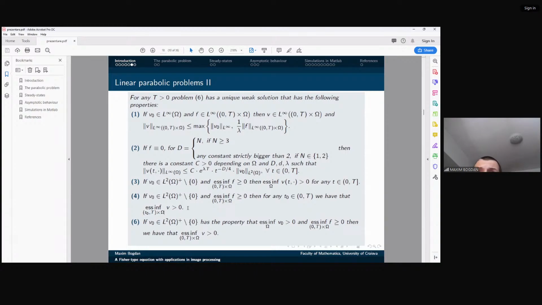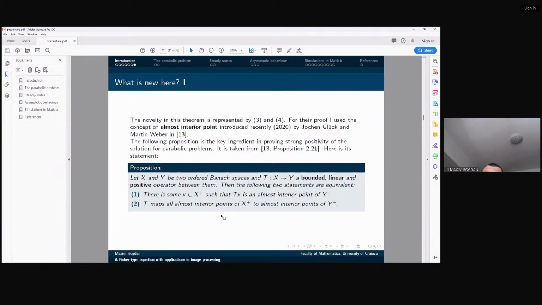So it departs from 0. This is the result I found, and some of the methods I used there are borrowed from functional analysis. I used the concept of almost interior point, which was introduced recently, this year, by Johann Glück and Martin Weber.